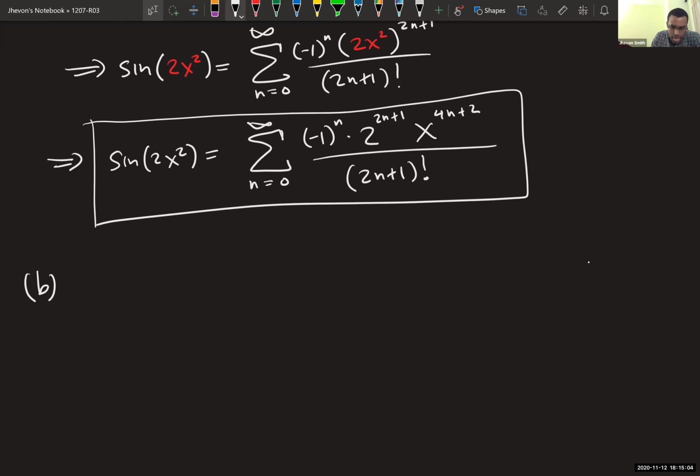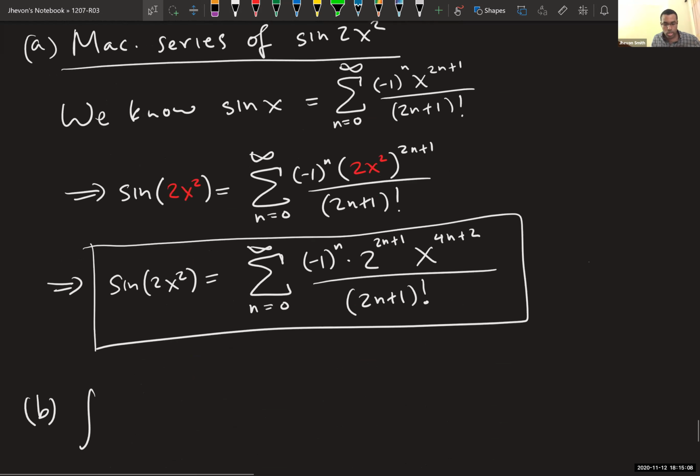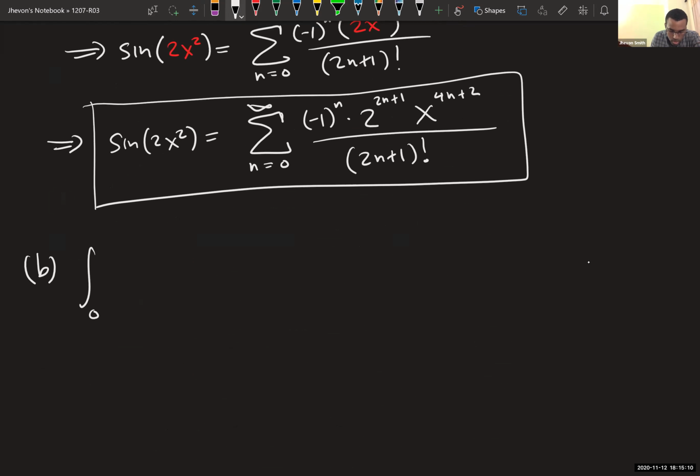So I would be able to say that the integral from 0 to 1/10 of sine of 2x squared is going to be the same as the integral from 0 to 1/10 of this series.